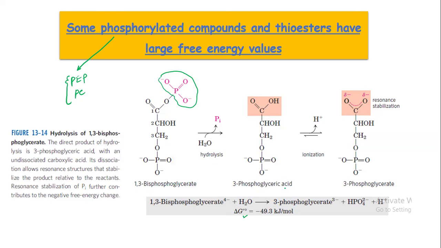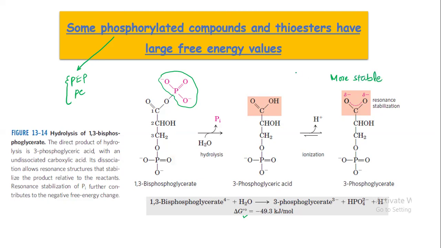So the hydrolysis product of 1,3-bisphosphoglycerate is 3-phosphoglycerate. In this 3-phosphoglycerate, after ionization, a resonance stabilization develops. I have previously mentioned that where the products have resonance, these products are more stable as compared to the reactants.